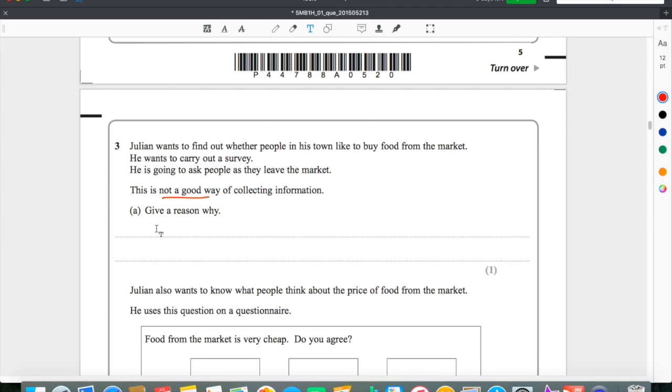So in terms of the wording of the question, we're looking for something like: surveying people who are leaving the market is unreliable because they are more likely to have bought food from the market. Okay?